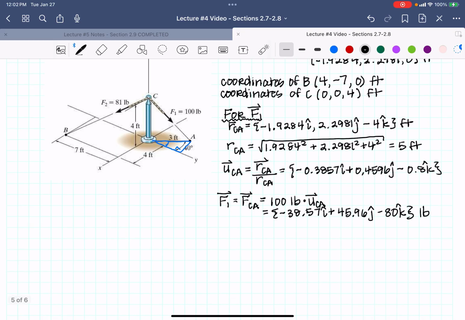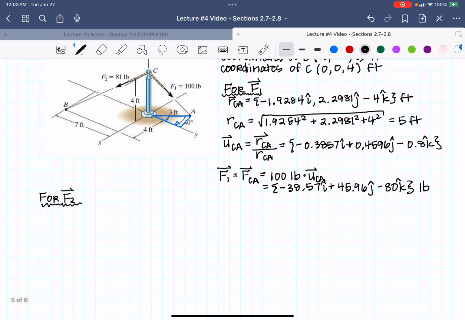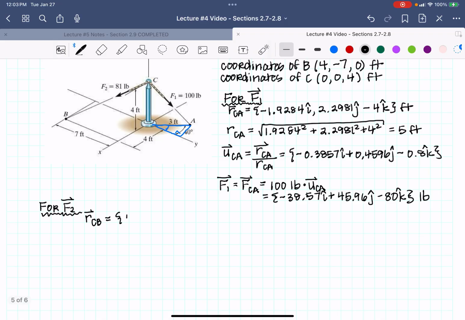Now we need to find F2. To find F2, we need to find the position vector from C to B. If we take B and we subtract C, I'm going to have 4 minus 0 gives me 4 in the I hat. Negative 7 minus 0 is going to be negative 7 in the j hat.